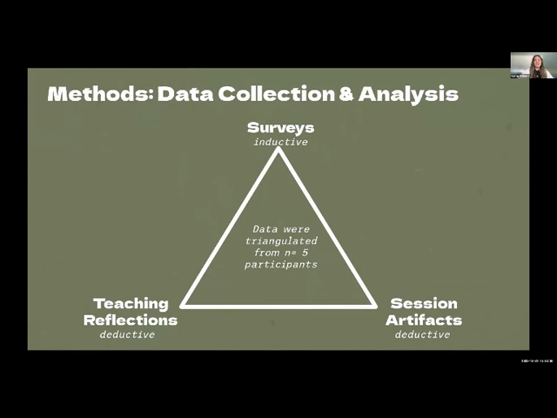That coding scheme was then used to deductively code the teaching reflections and the session artifacts. Different researchers coded each of the three data sources to try to ensure validity across our team. We had many meetings and discussions about what our codes meant. And these three data sources were then used to triangulate one another to promote validity in our data as well.